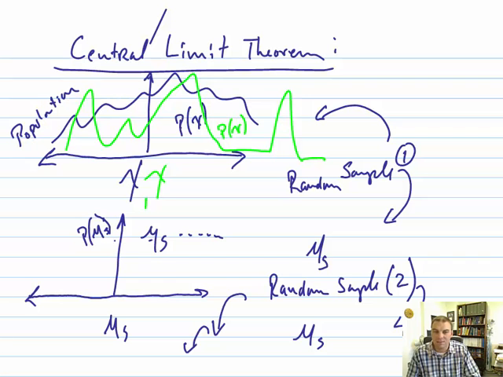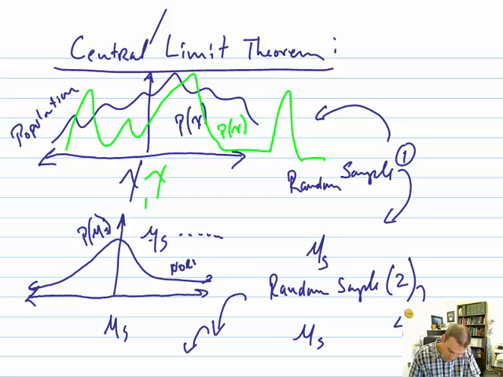And if I did this, I would find out something very interesting, very useful. I would find out that the probability distribution here is normal. So the probability distribution of the means of a random sample, regardless of the distribution in the original sample, always turns out to be normal.